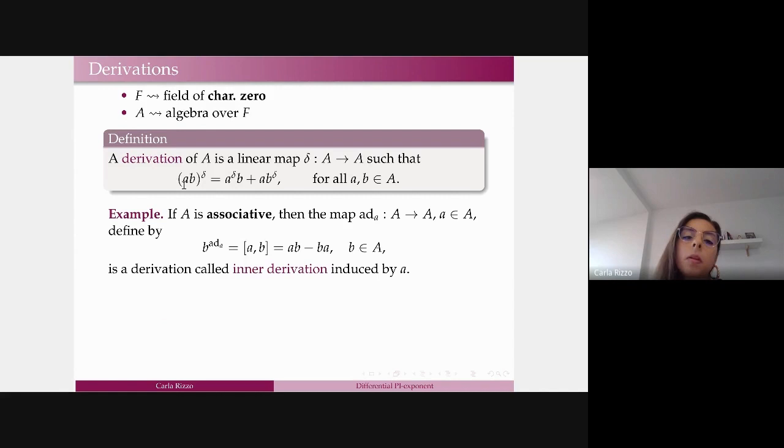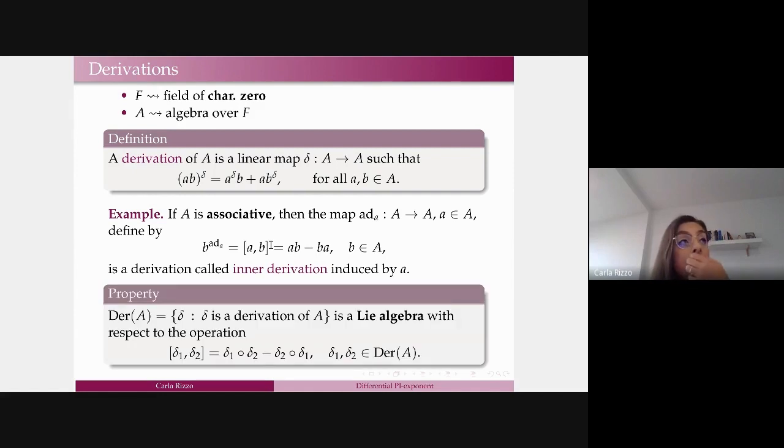An easy example, in case A is associative, are the so-called inner derivations, that are the derivations induced by a fixed element a of A, and they act in this way. Basically, they are the commutator by a. A really important property of derivations is that if we consider the set of all derivations of an algebra A, then this set has a really strong structure.